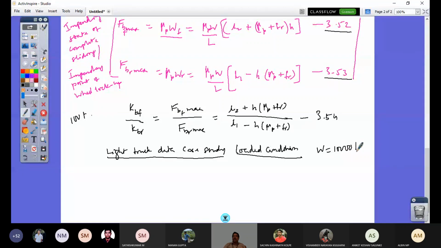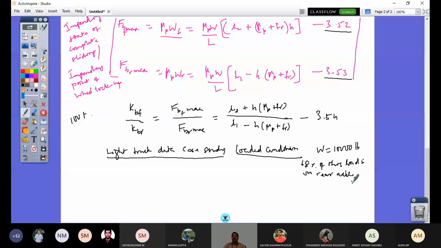So in this, it is given that 68% of this load is on which axle? It is given on the rear axle. 68% of the static load on the rear axle.